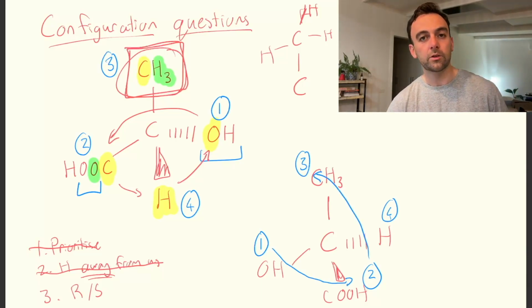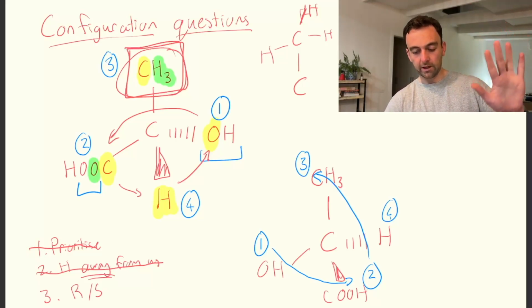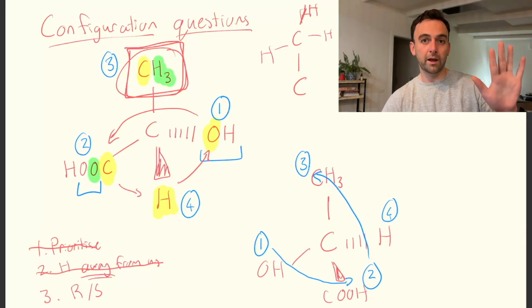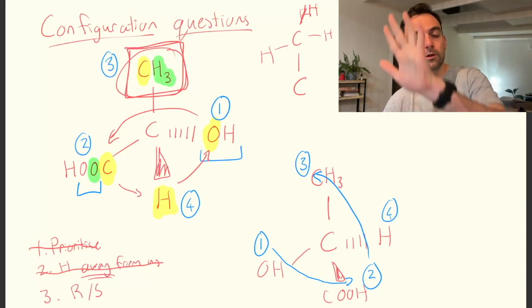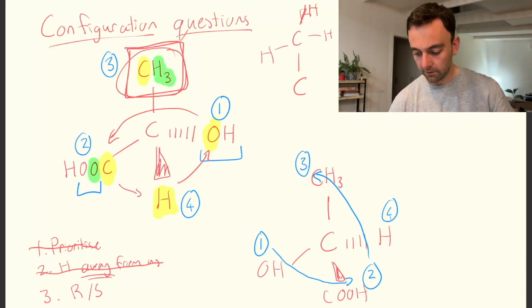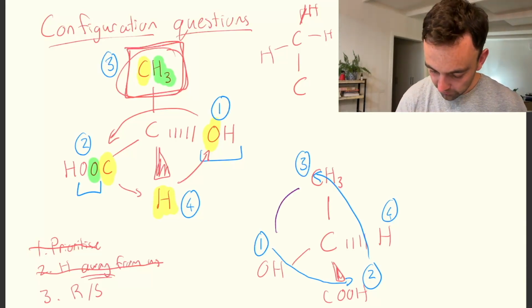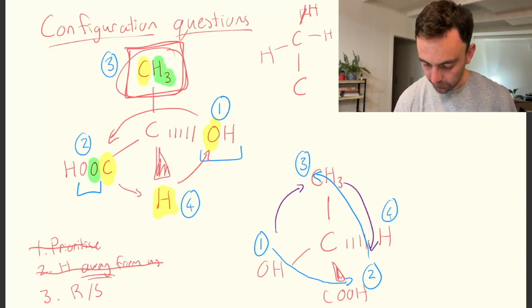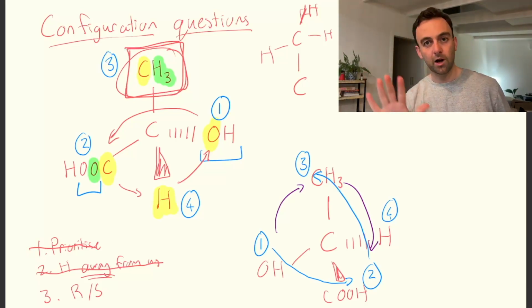And what we need to do is see which way around, as if you were going around a clock, which way do your hands go? If you follow my hand here, it's going around to my left, okay? That might be opposite for you. But if you look at that molecule, it's going around to the left. If the arrows were going this way, it would be going around to the right.